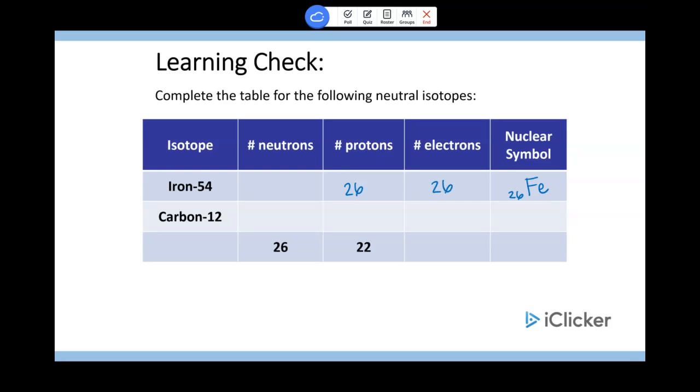And then if it's iron 54, that is the mass, which is protons plus neutrons. We do 54 minus number of protons, which is 26, to get the number of neutrons, and we have 28 neutrons. And then the nuclear symbol has 26 as the atomic number, 54 as the mass number.